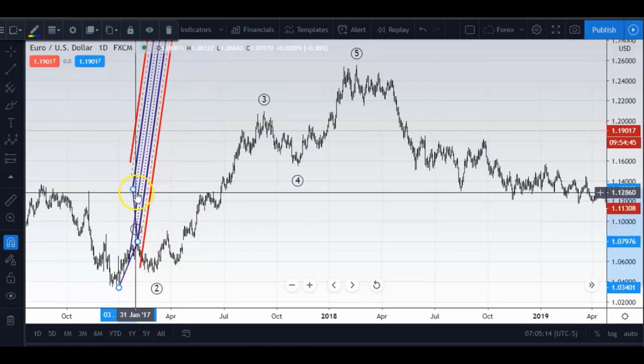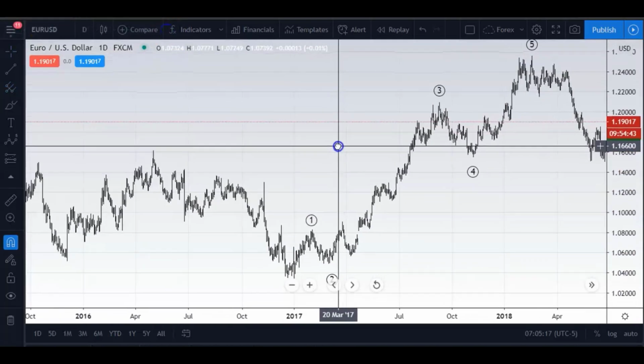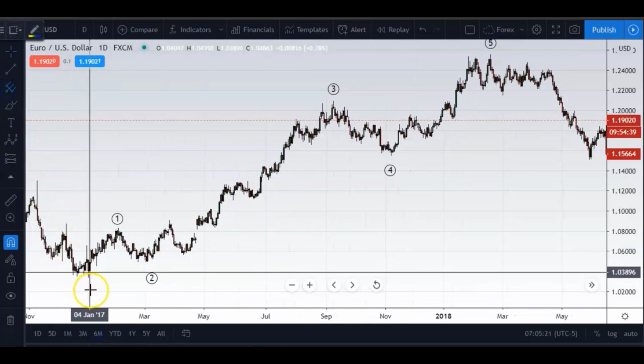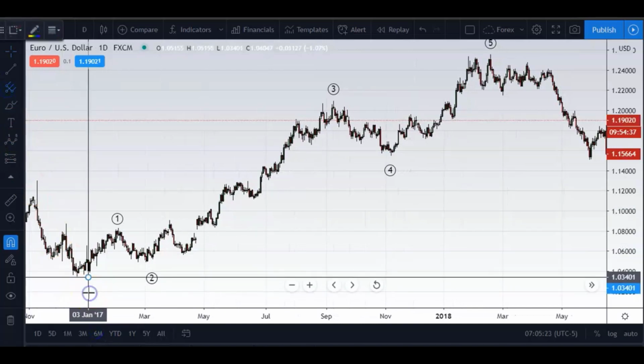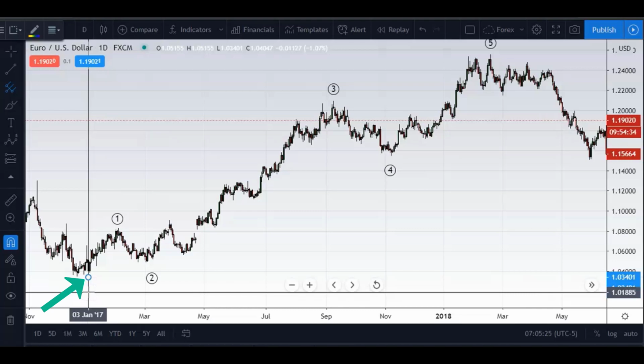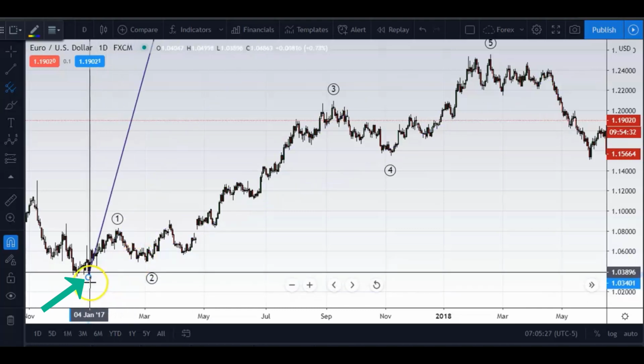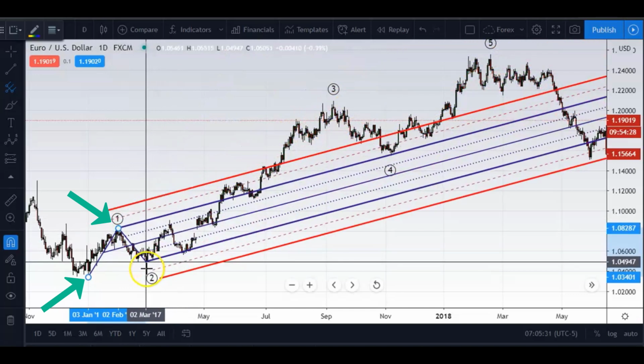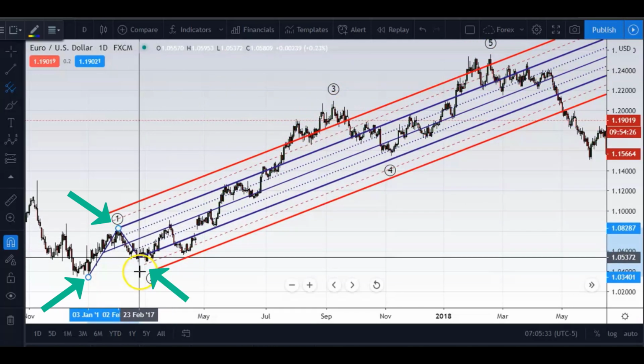Sorry guys, let me just delete that and zoom into this a little bit more. Here we go. So you want to select your first anchor point. You need 3, like I mentioned before, to use a pitchfork. You want to go from the origin to your first higher high, and then to your higher low in this case.